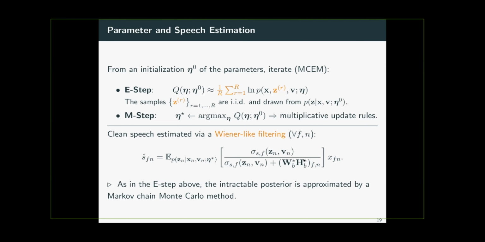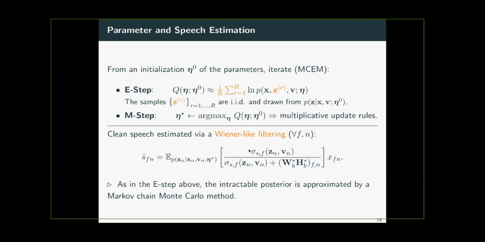This is not really important. So basically, if the estimated energy of the clean speech is higher than the noise, I will basically use XFN here on the right as the clean speech signal. And if it's much lower than the noise, I'll basically set this SFN to 0. Okay, so this is what the Wiener filter is doing.